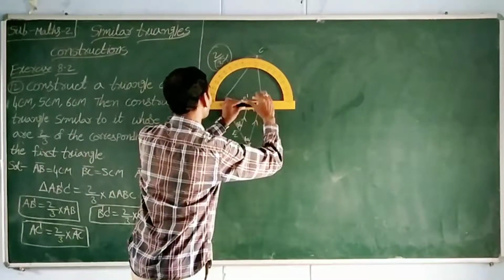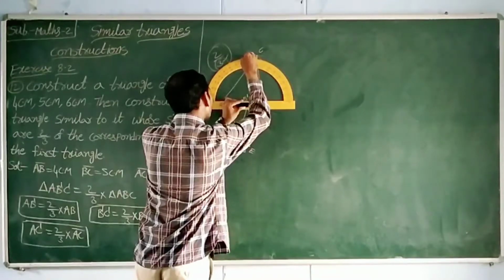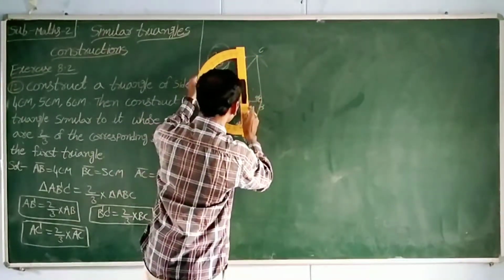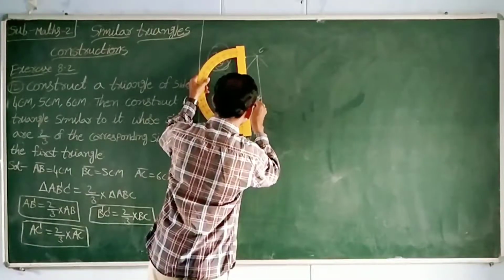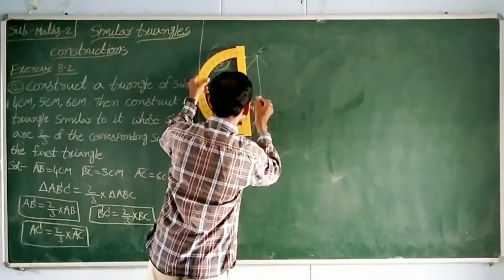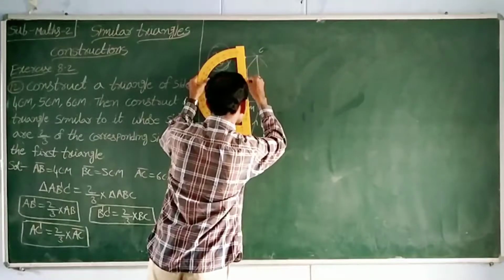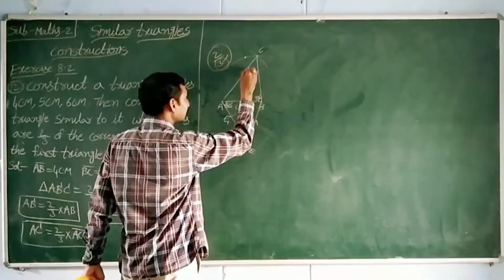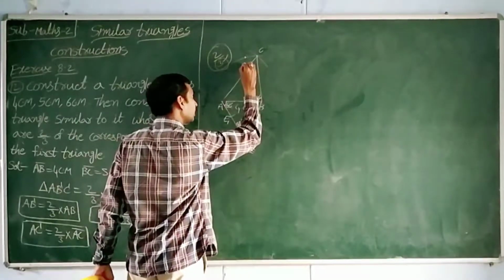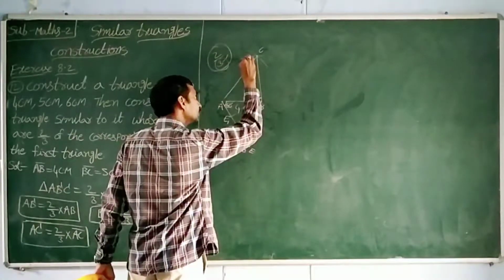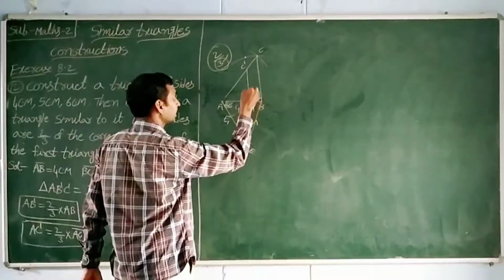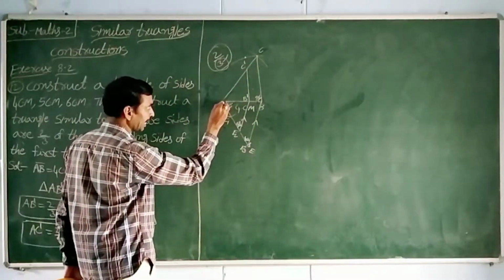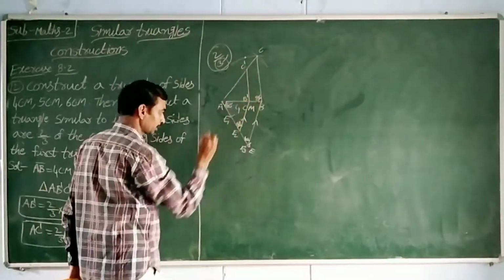Same angle, 85 degrees. After that, join B dash and the 85 degrees mark. This line is intersecting AC at one point. That point we take as C dash. Now the required triangle is A, B dash, C dash.